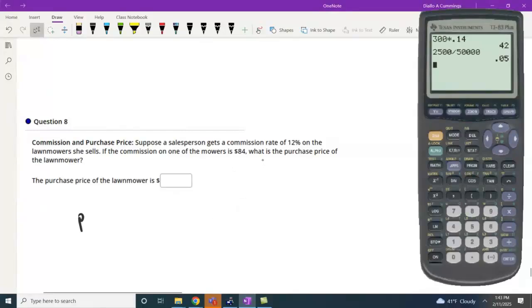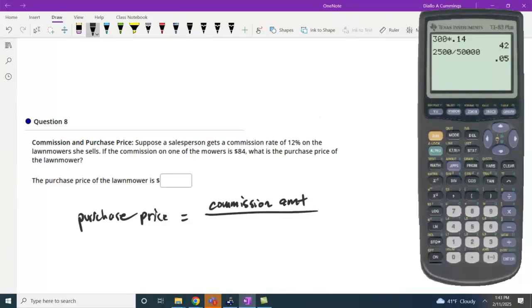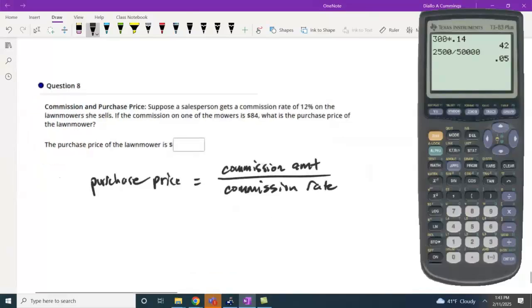So here we're actually finding the purchase price. So we had a formula for that, and the purchase price is the commission amount divided by the commission rate.